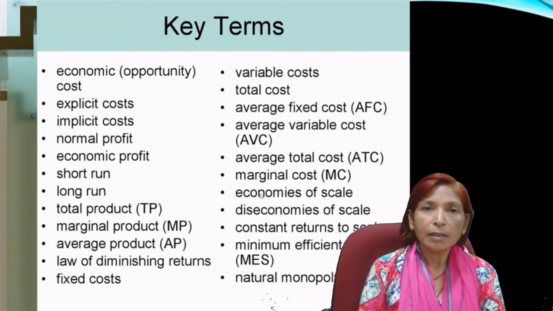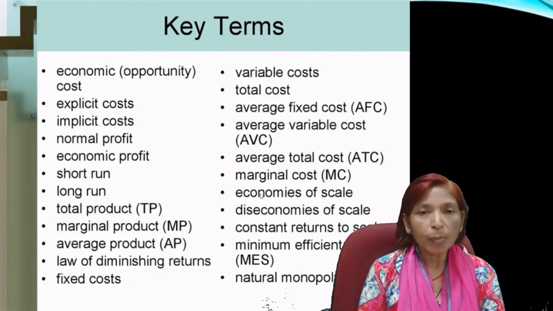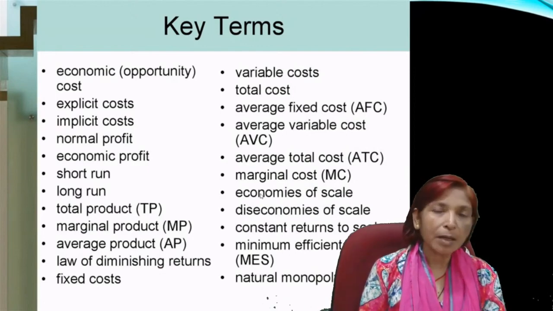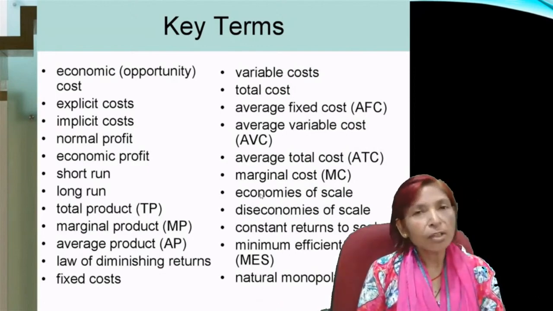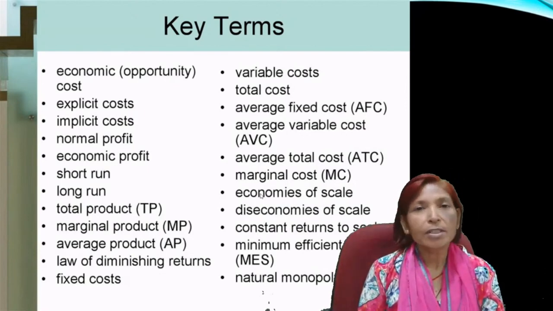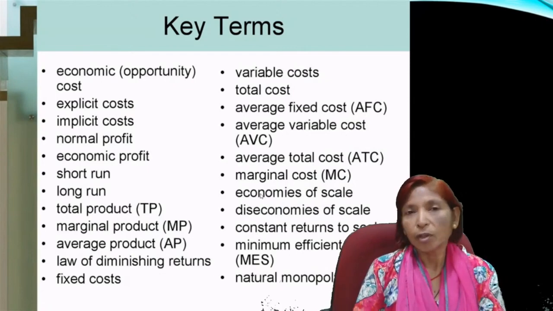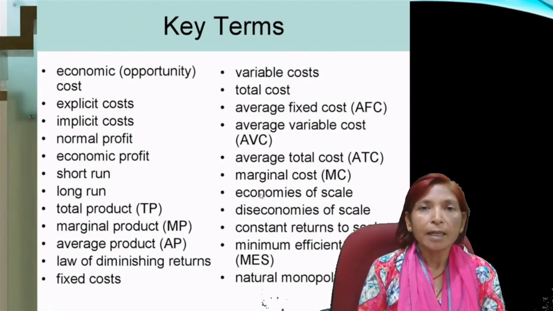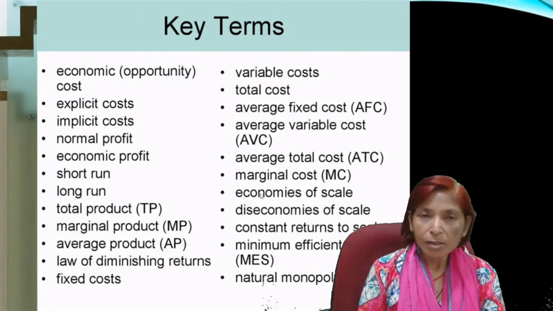Law of diminishing return is known as law of variable proportion or returns to factor, which is applicable in the short run. And fixed cost is that cost which is incurred by using fixed factors in production of goods and services. Like land cost is fixed cost.